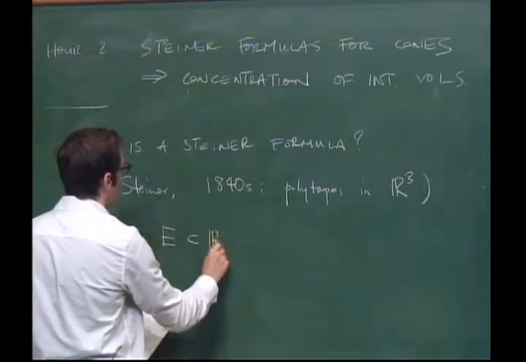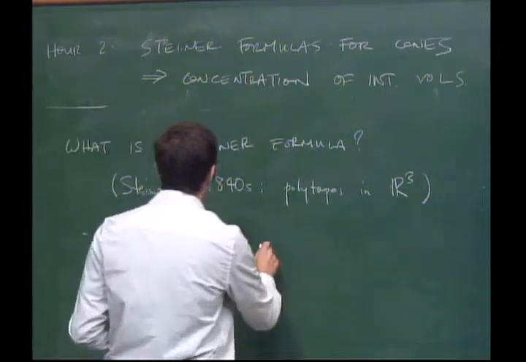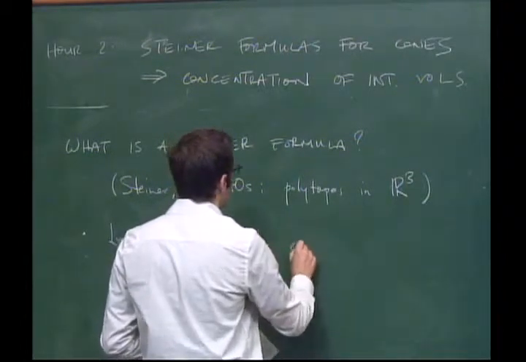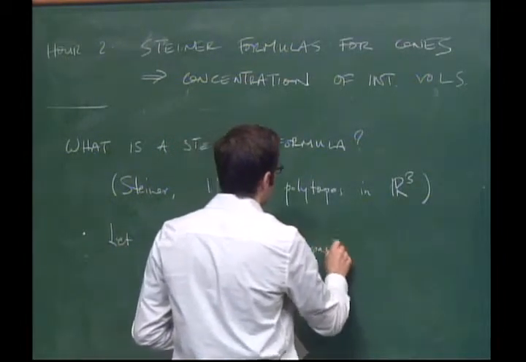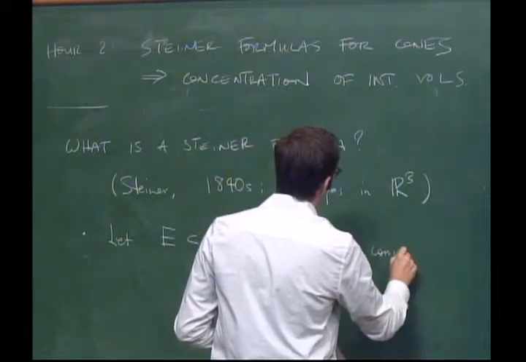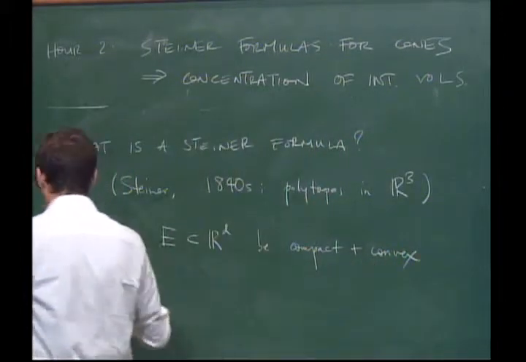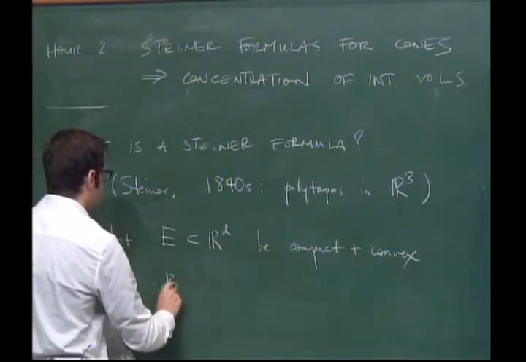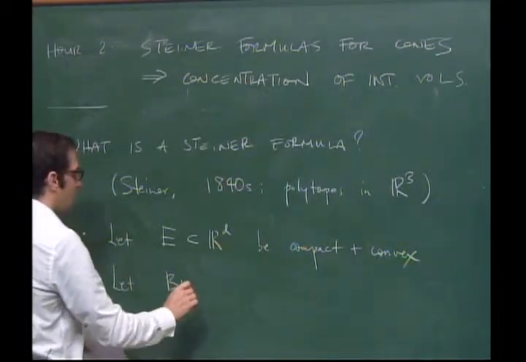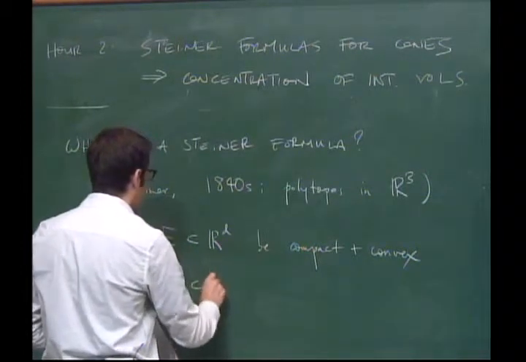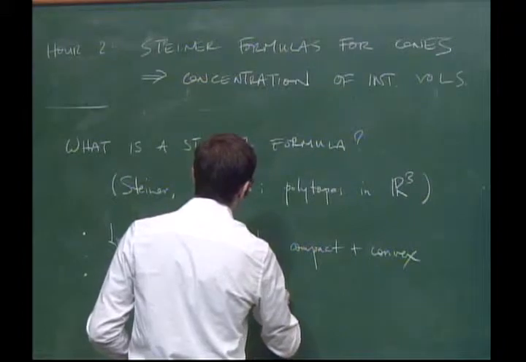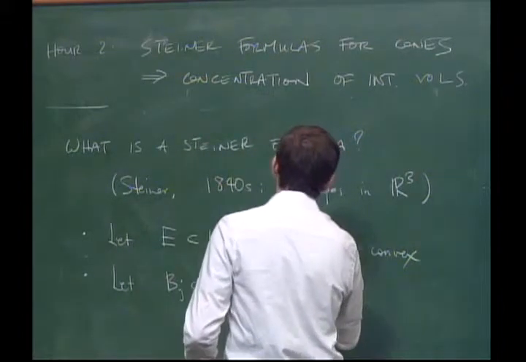So we're going to let E be a compact convex set in R^D. And I'll let B^J in R^J denote the Euclidean unit ball.